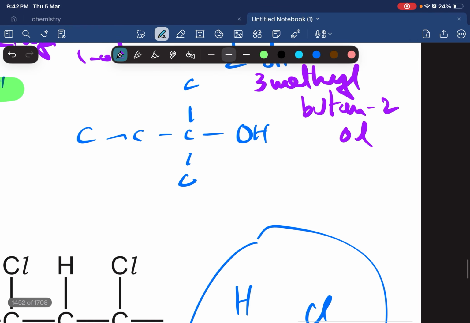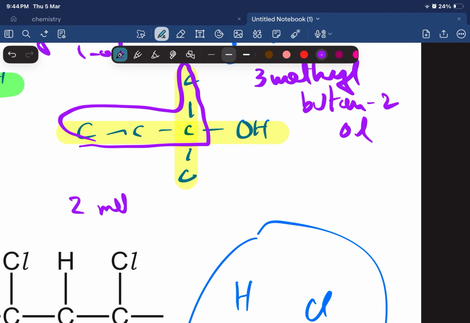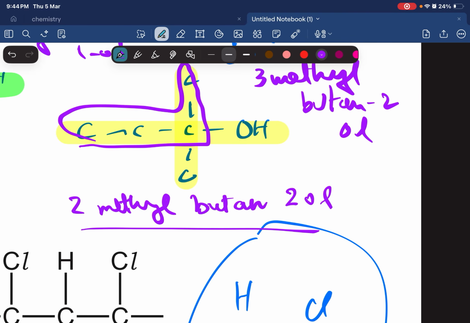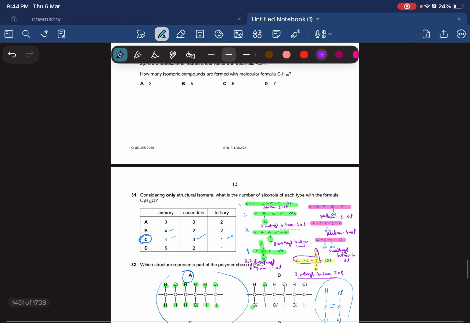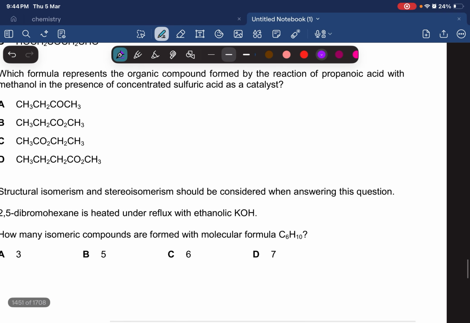And the only tertiary I was able to make was this one, which was 2-methylbutan-2-ol. That's the tertiary alcohol. Done and dusted. Easy.